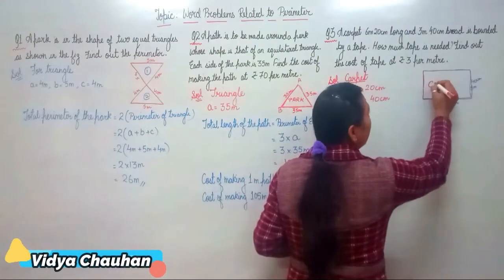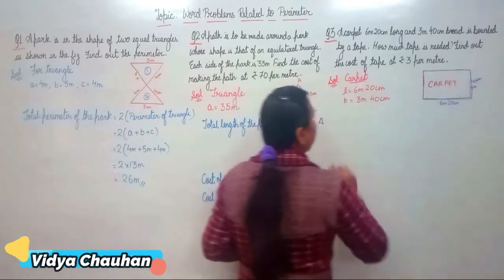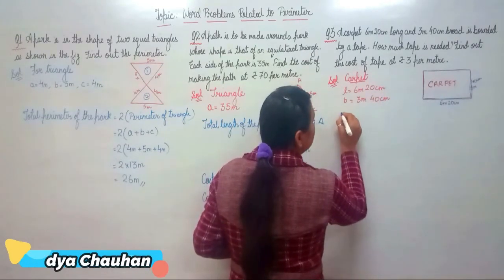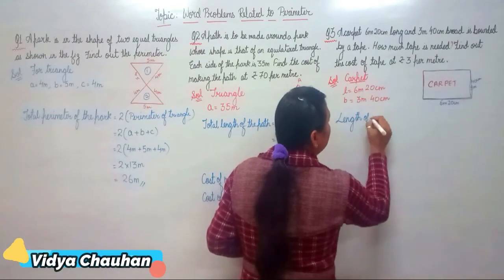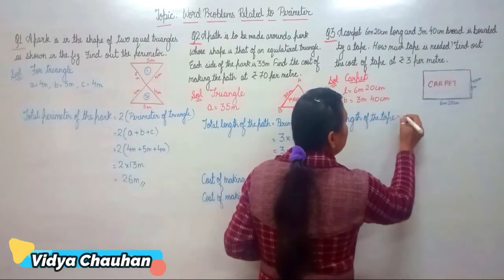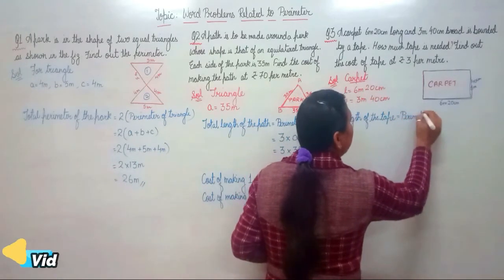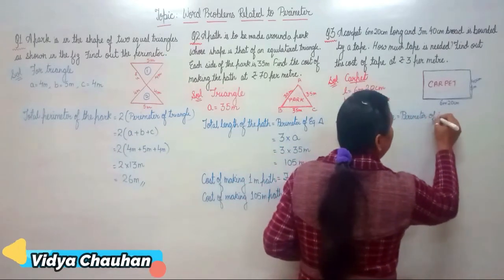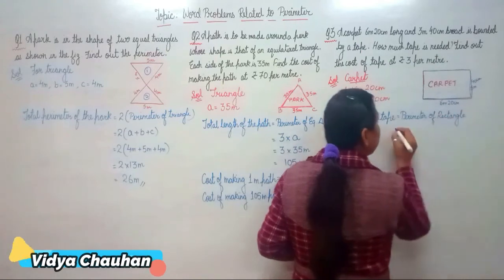So this is our carpet. Here the length of the tape required is equal to the perimeter of the rectangle. Why perimeter of rectangle? Because this carpet is in the shape of a rectangle.